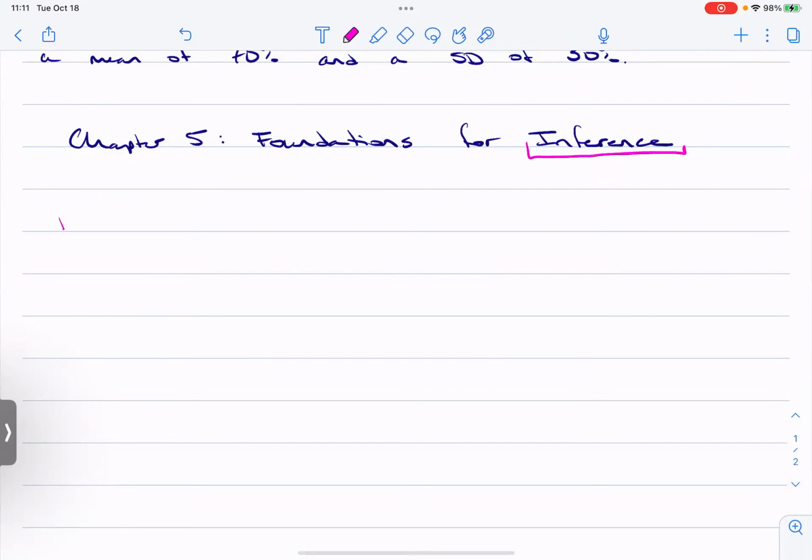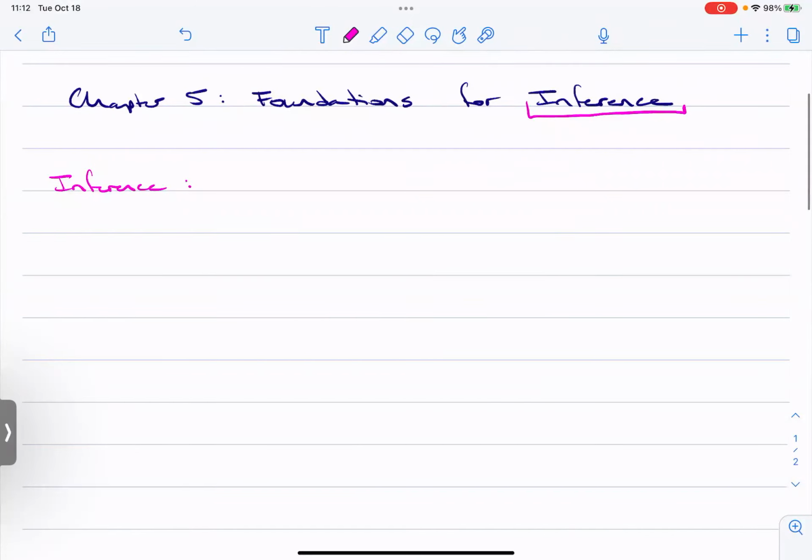Okay, so let's talk about inference. Instead of saying it's a real moneymaker, I'll say it's at the heart of statistics. That's kind of more touching, right? So inference is at the heart of statistics, which I'll put a little $ sign next to, because that's what it really means, right?